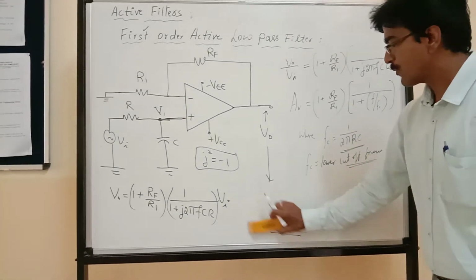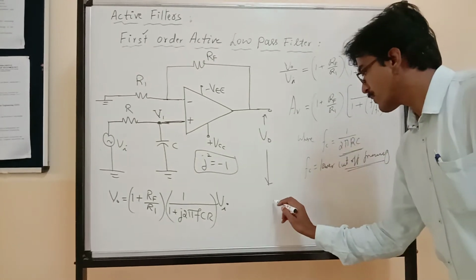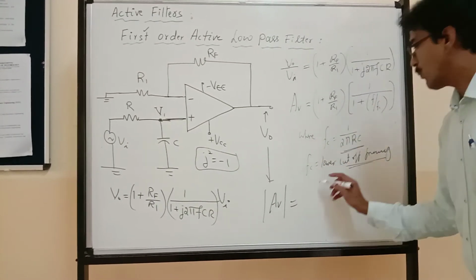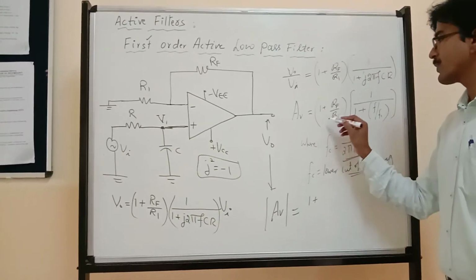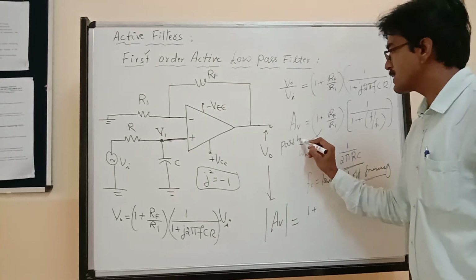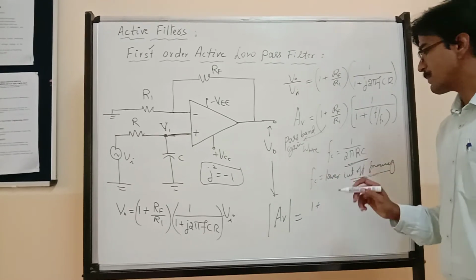Now I am going to take the magnitude of this gain. Therefore, the magnitude of this gain is equal to 1 plus RF by R1, which we take as the pass band gain. This is called pass band gain.